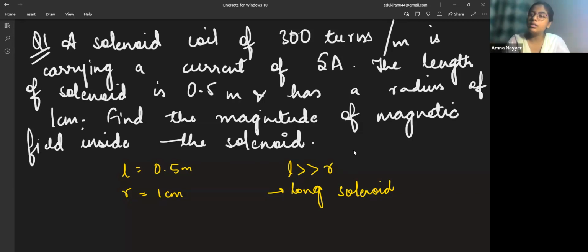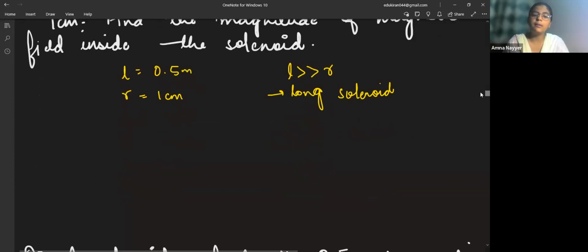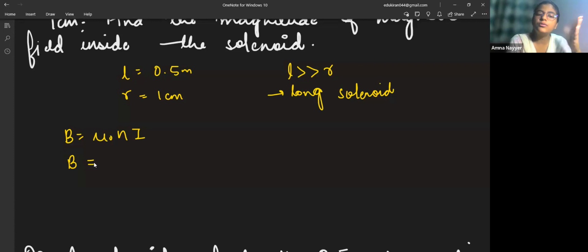Once we know that this is a long solenoid, we can apply our formula B is equal to mu naught n i. Now, what is mu naught? Mu naught is the permeability constant whose value is 4 pi into 10 to the power minus 7.